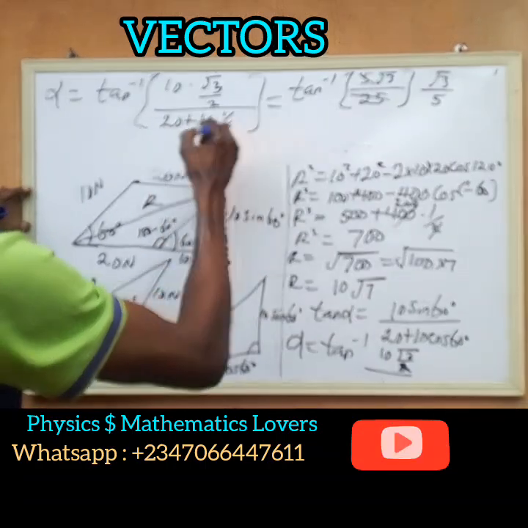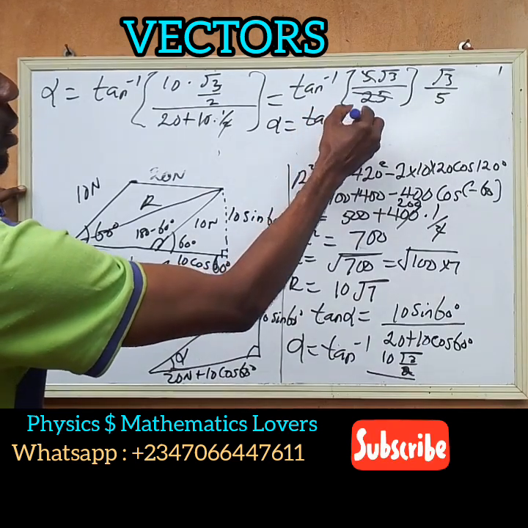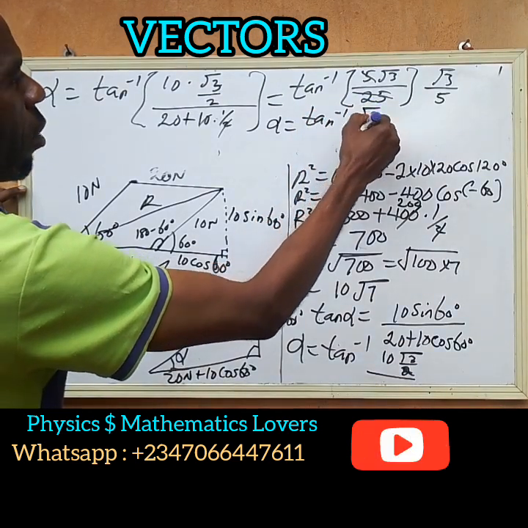So alpha is equal to arctan root 3 over 5.